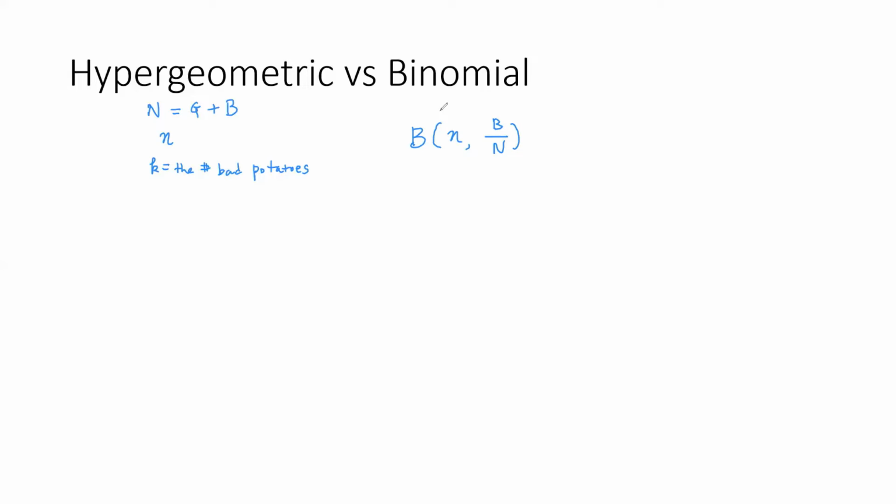Now, in reality, sometimes it happens that when the sample size is really small compared with the population, then the hypergeometric model is very close to the binomial model. For example, say you do a survey. You select 1,000 people from, say, 1 million or 2 million American voters, a lot of people.